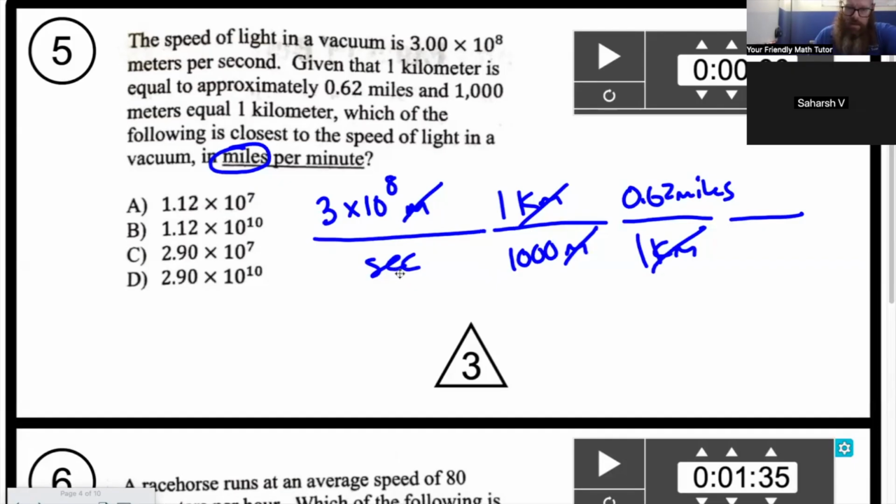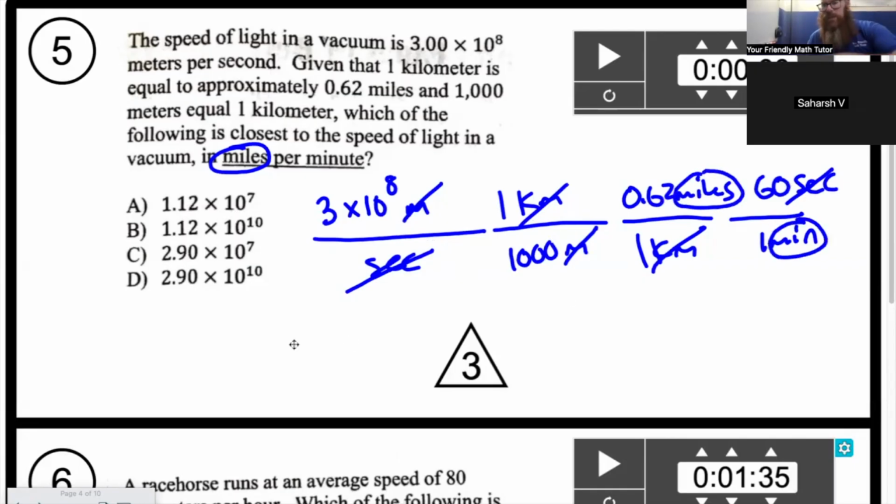They don't give us this one, but we should all know that there are 60 seconds in a minute. So I'm going to put the 60 seconds on top and the 1 minute on the bottom so that seconds cancels with seconds. When I look at the units that remain, I have miles on top and minutes on the bottom, so my final answer is miles per minute.